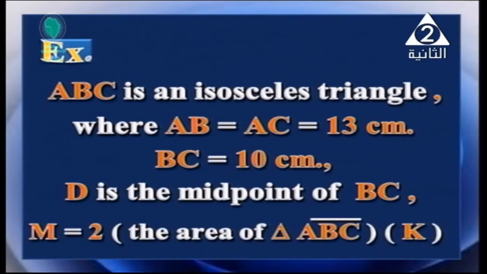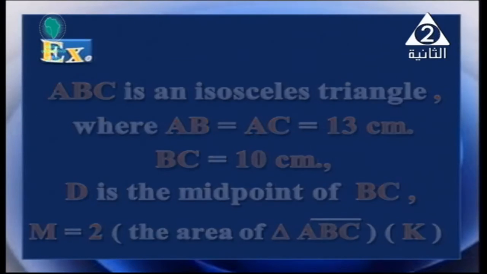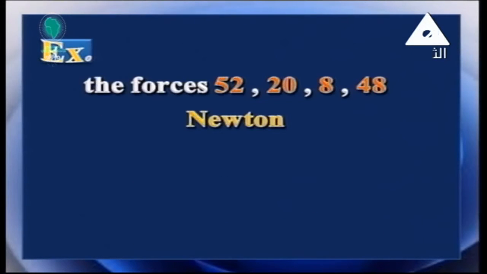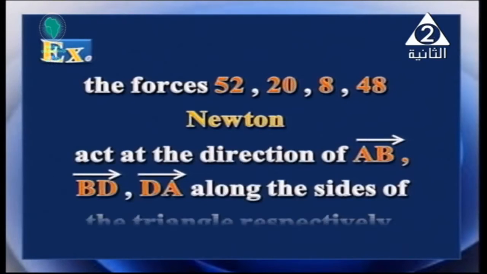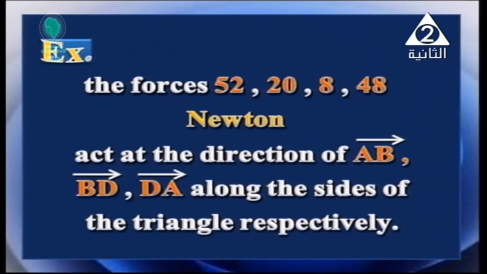Moment equals 2 times the area of triangle ABC times K. The forces 52, 20, 8, 48 Newton act in the direction of ray AB, ray BD, ray DA along the sides of the triangle respectively.